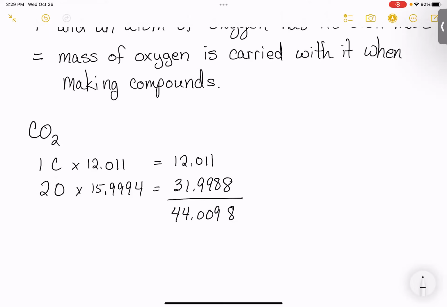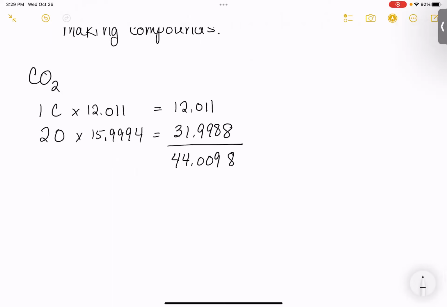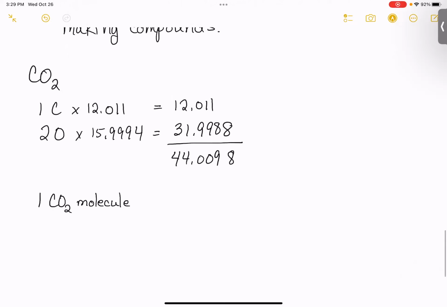for its value. Now, what that means is if I have one carbon dioxide molecule, then the mass is going to be 44.009. Actually, it would be 44.010 AMU, because I have to round up to keep my sig figs.